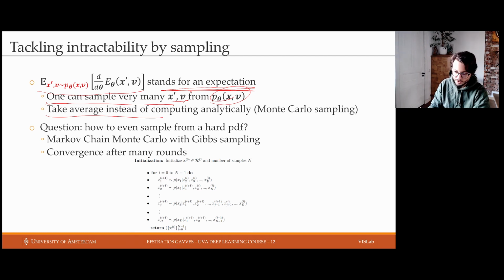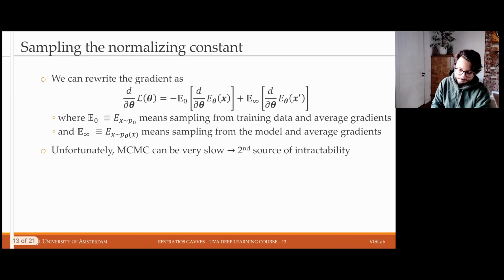So when we want to sample from hard density functions, we can do Markov chain Monte Carlo, and for instance here we can apply Gibbs sampling. Gibbs sampling means basically that you're sampling one dimension at a time, conditioned on all other dimensions, and this process is guaranteed to converge, but it might take a very long time.